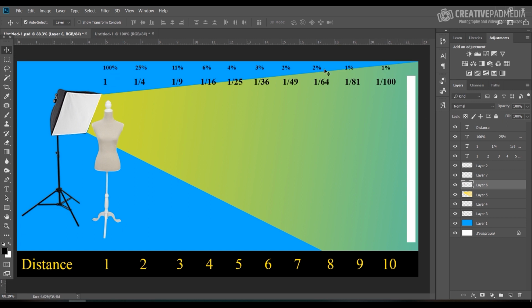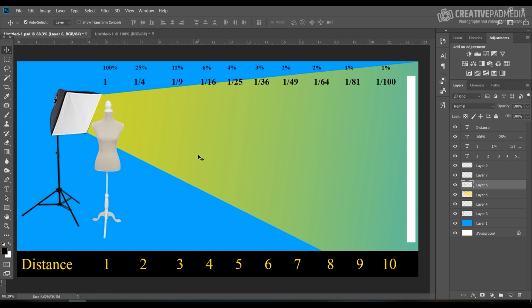So now these two are at the extremes. So what's going to happen is, if you expose now for the mannequin, the backdrop will be severely underexposed. And in that case, even though this backdrop is white, it'll actually look dark gray in your shot.